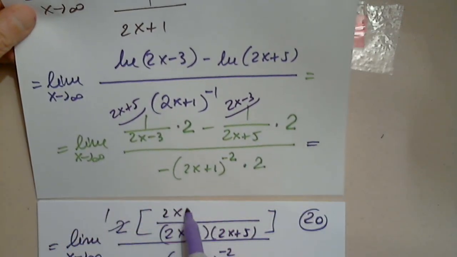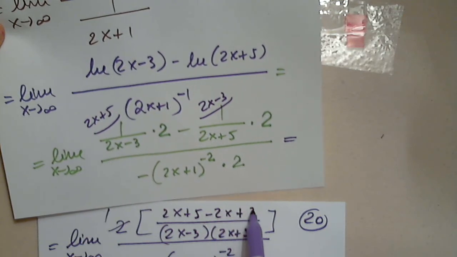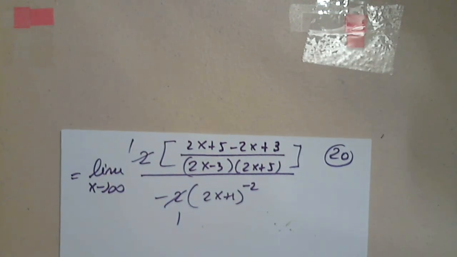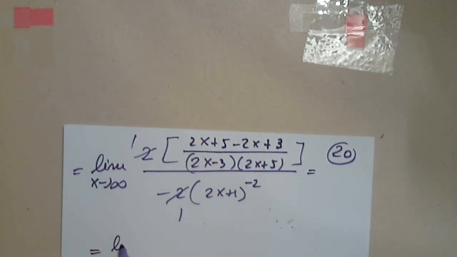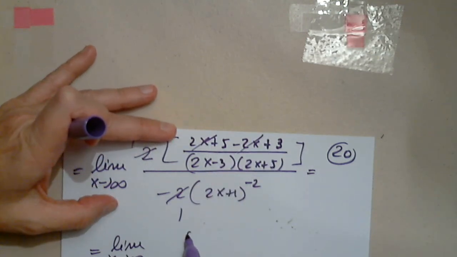So 2x plus 5 but minus 2x and plus 3. It's all algebra right now. So limit as x approaches infinity. These two go away. The numerator is 8 over (2x minus 3)(2x plus 5) times.